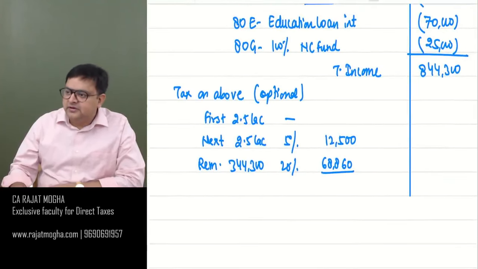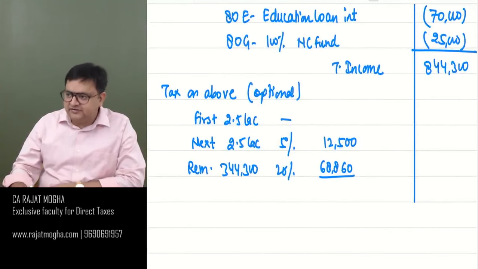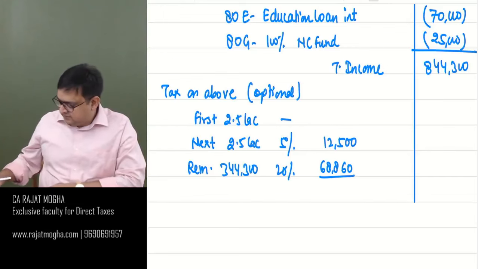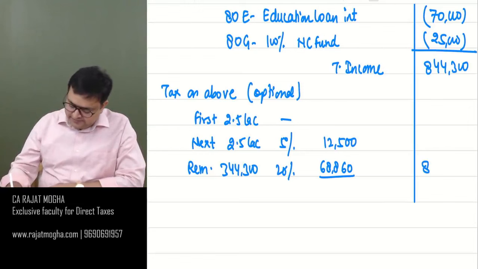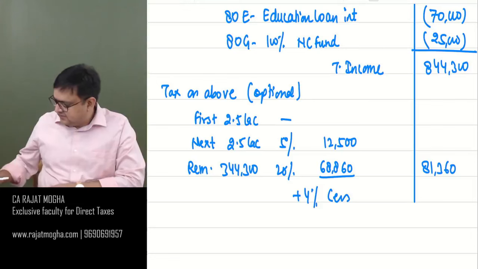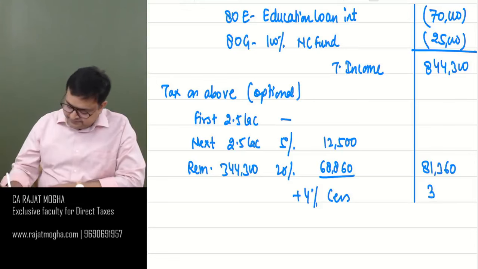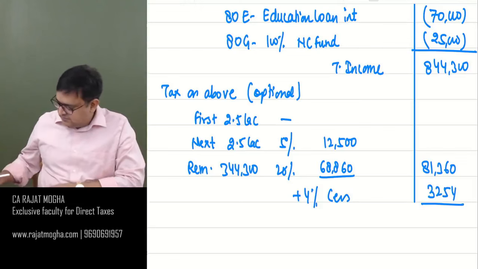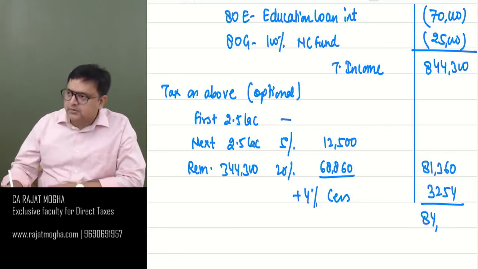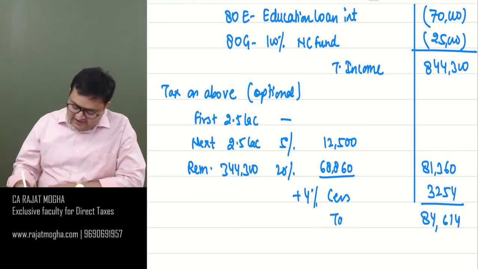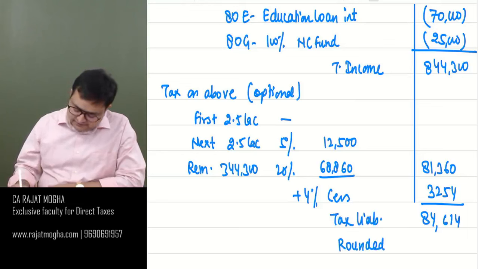So this is 81,360 plus 4% health and education cess. Okay, correct. This is the tax liability rounded off, 84,610.